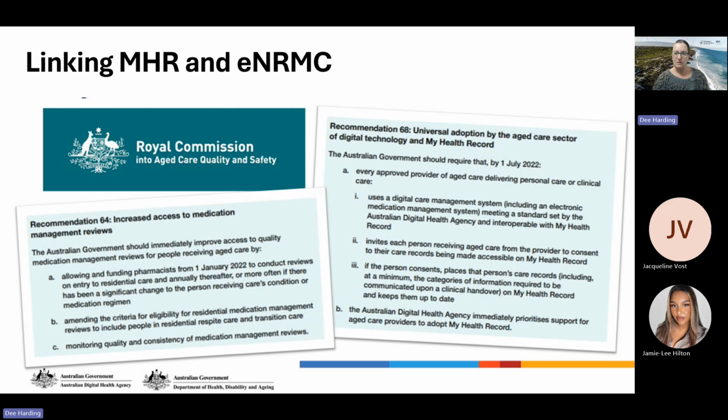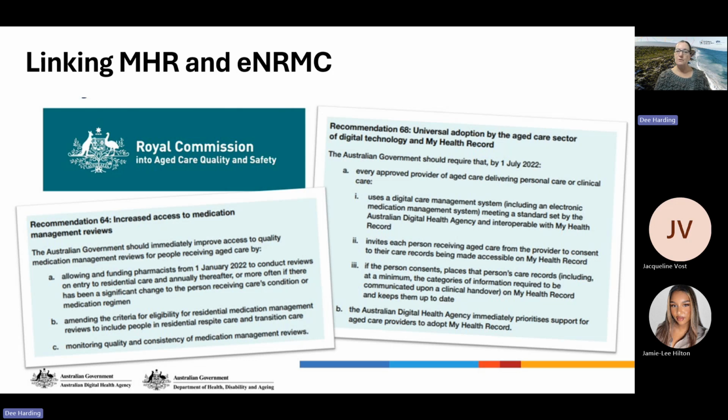This is one of the recommendations that was put into place. One of the main points was that pharmacy needed to be allowed to conduct reviews of medications for residents, initially on entry to residential care and then annually thereafter, or if a care need changed.